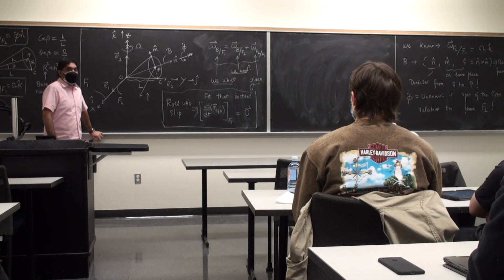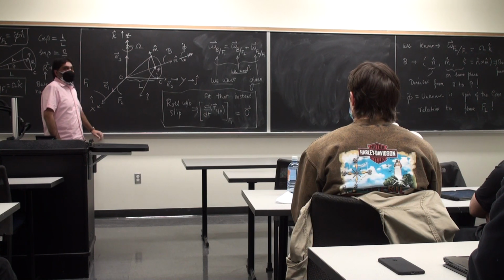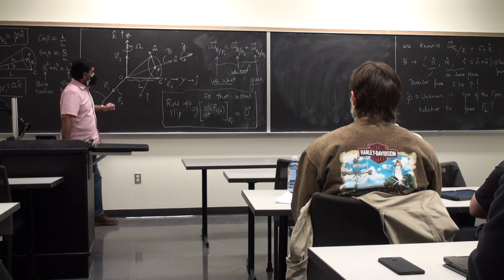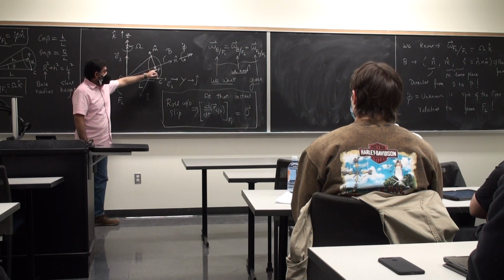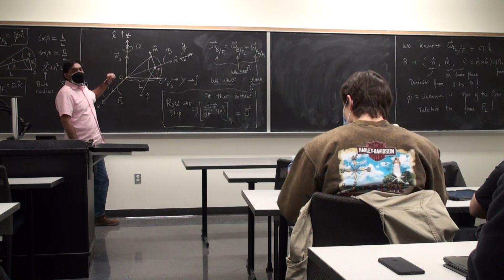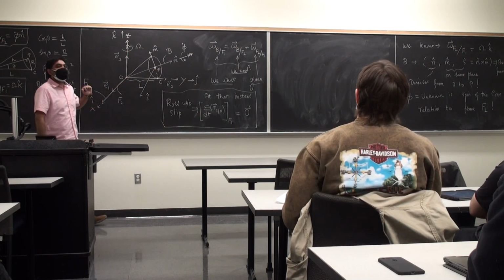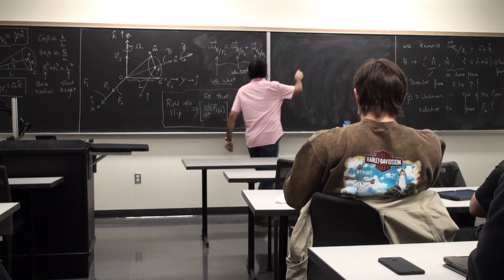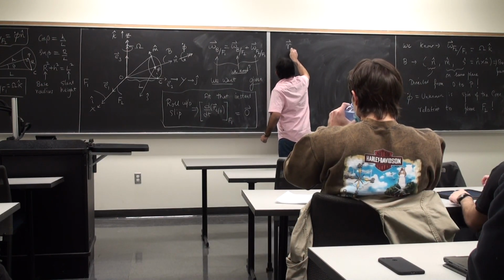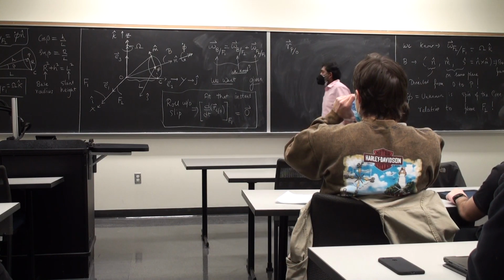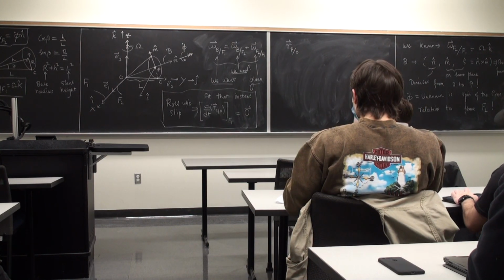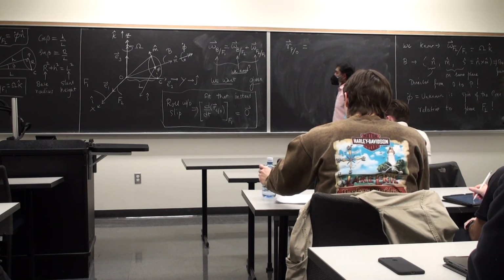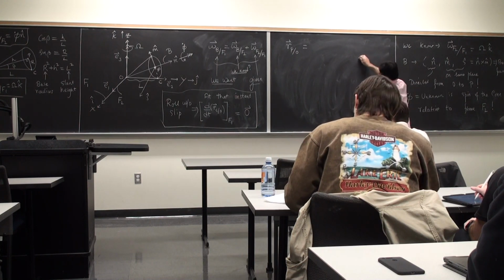I start doing kinematics. I say, okay, let me see, first of all, what the position vector of point P is relative to point O, and let me bring the point C into play as well. To start off, with the position vector of point P relative to O, make use of vector addition.